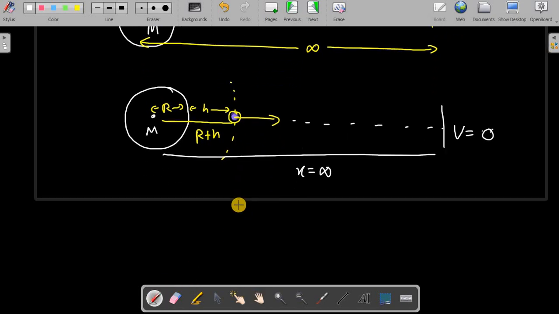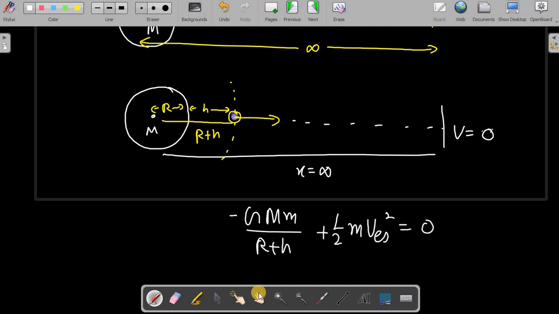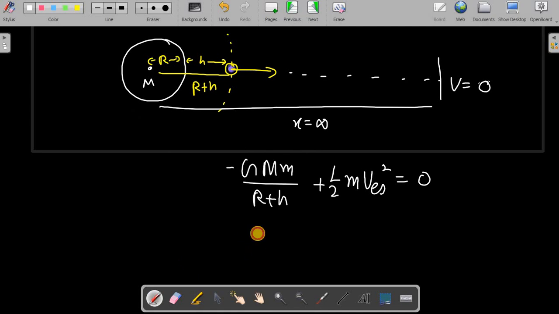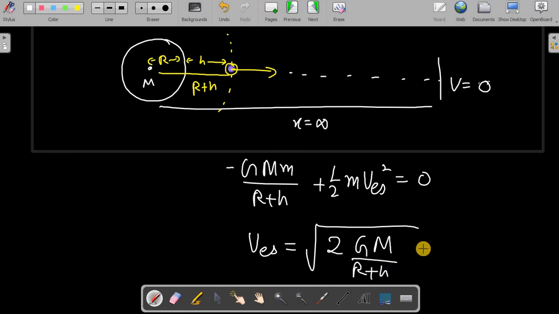Equate that. Same way, minus GMm by (r plus h) plus half m v escape square is equal to 0. So escape velocity at this height will be root under 2GM by (r plus h).